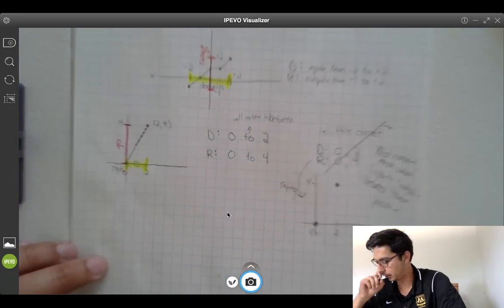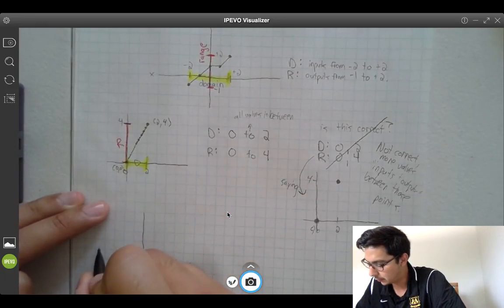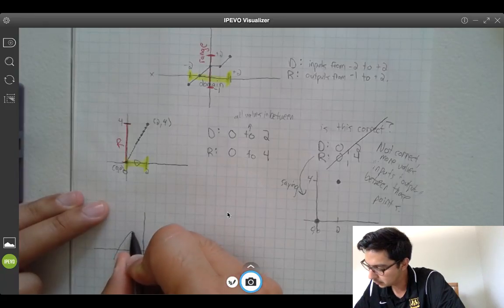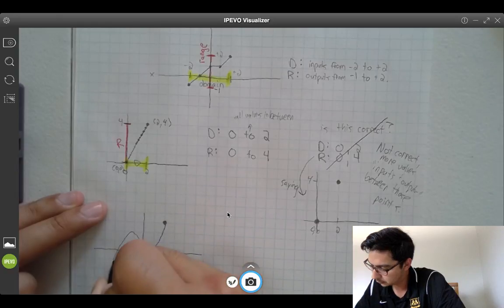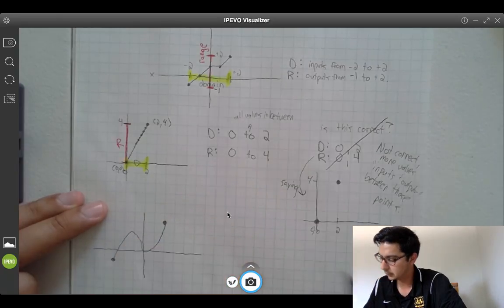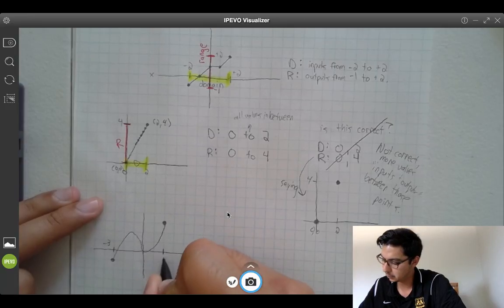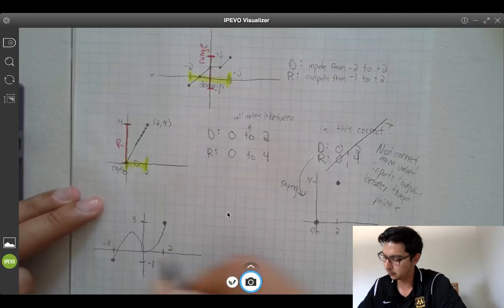Let's look at another example. So let's say I did a graph, and it looks something like this. Where this is at -3, this is at 2, this up here is at 3, and this down here is at -1.